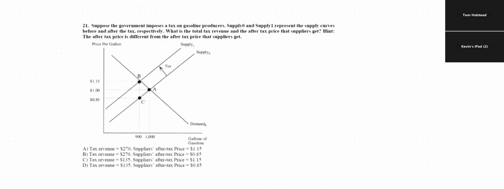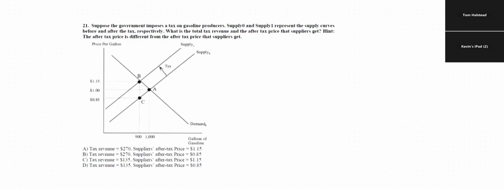So last time we looked at this, we said we know the tax revenue has got to be 270 or 135, and the after-tax price has got to be 85 cents or 115. We can see that point C has got an 85, so there's a hint there. But then you have to say, what is A, B, and C? So the big keywords are: suppose the government imposes a tax on gasoline producers or suppliers.